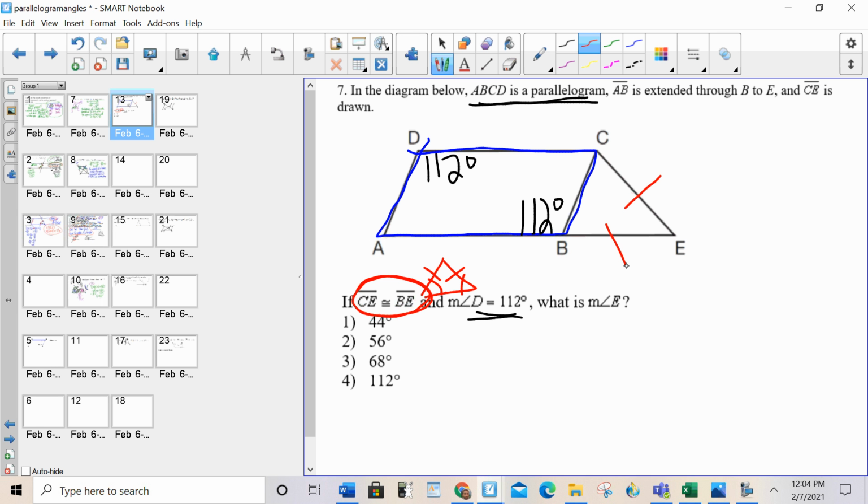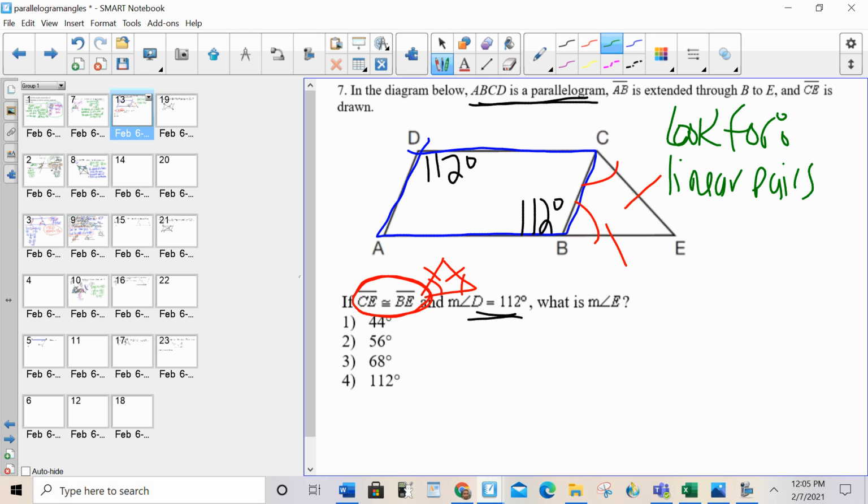So CE is congruent to BE. We mark the angles opposite them. Look for linear pairs. Angles of a triangle.